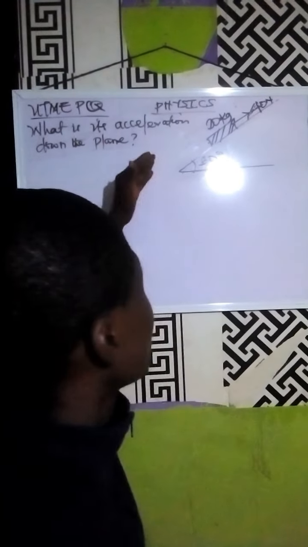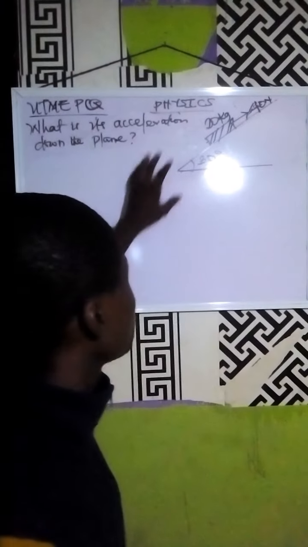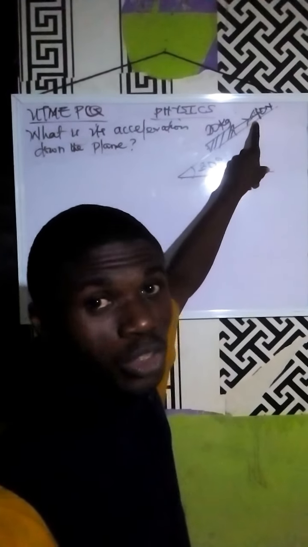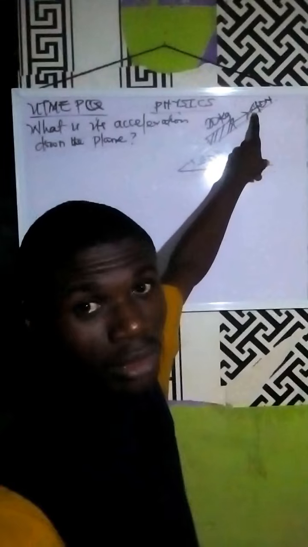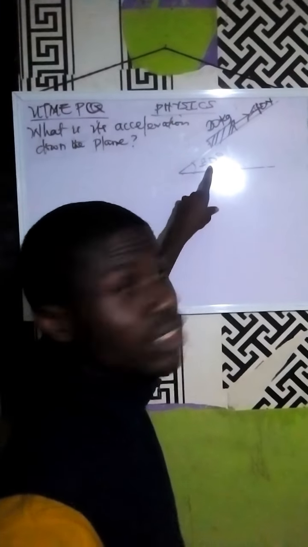So this question is under frictional force, as you all know. Then we have a diagram here. The diagram shows the mass of a body, which is 20 kilogram. Then the upward sloping force, which is the limiting frictional force, is 40 Newton. Then the angle of inclination is 30 degree.